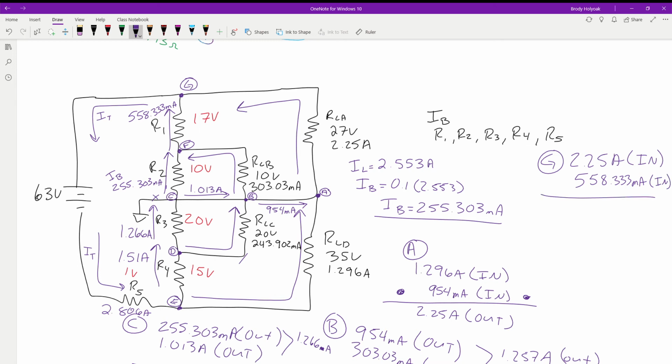Coming out of G, I only have one more line, so I have to have equal amounts going out as I do coming in. When I add those together, I get 2.808. So I got 2.808, and down here I got 2.806.